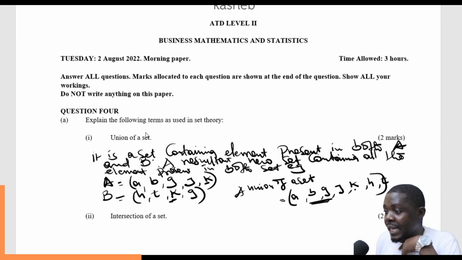It's comprising K, which was in both A and B.